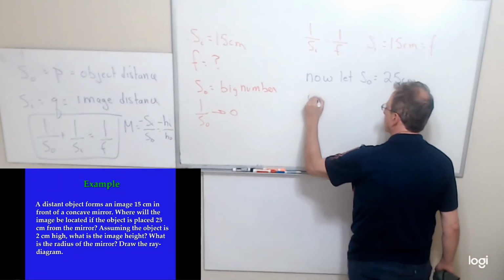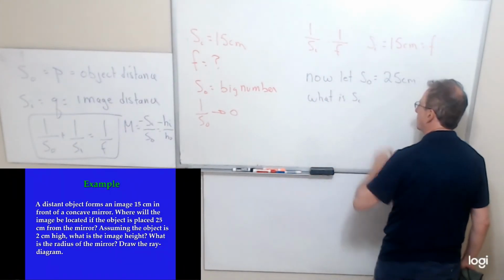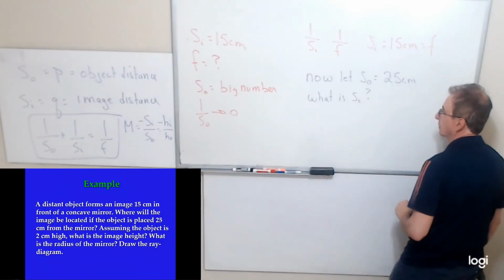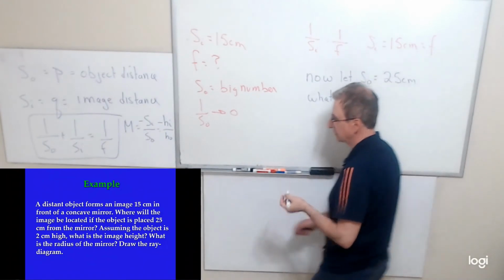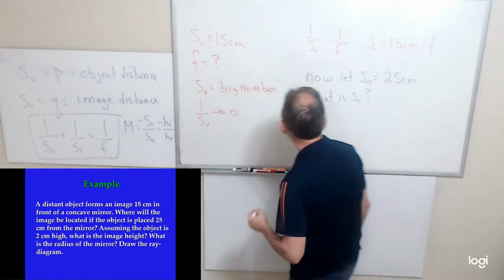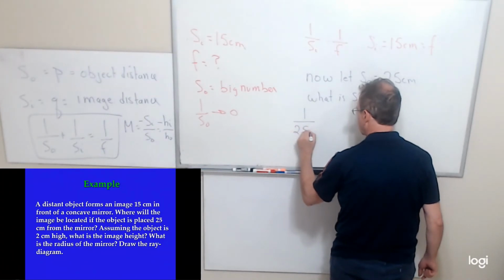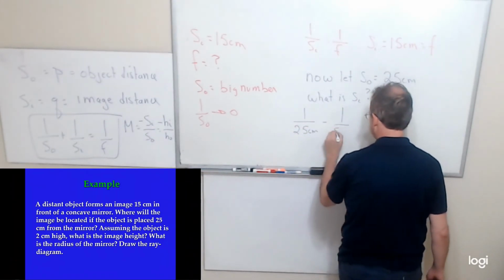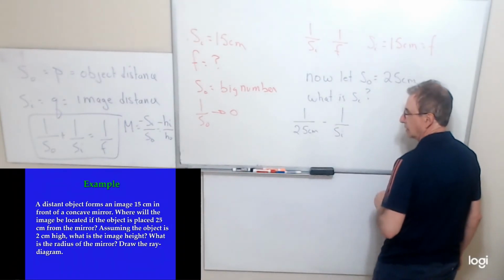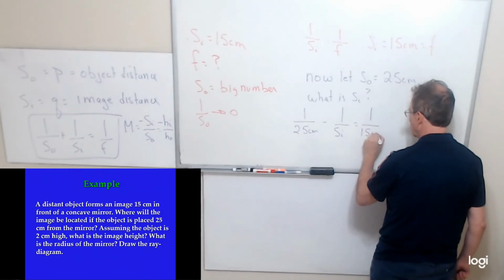What is S sub I? Well, this is pretty straightforward. All I've got to use is this equation. I have 1 over 25 centimeters minus 1 over SI equals 1 over 15 centimeters.